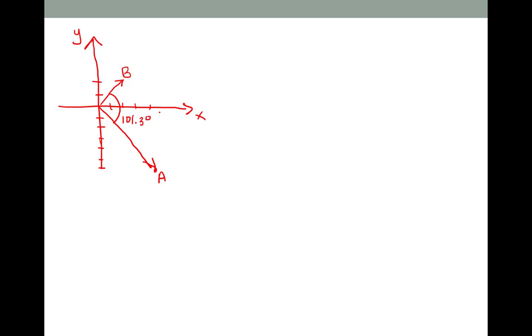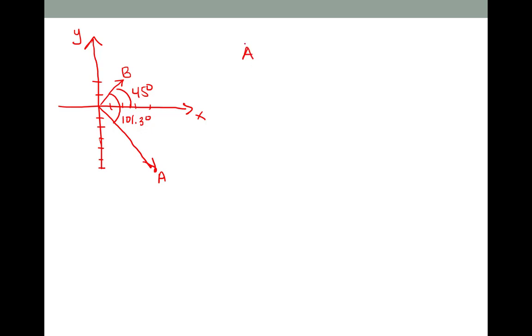And that question was, what angle does A make with respect to the x-axis? We know B as a vector 2, 2 makes an angle of 45 degrees. So we know that this part has to be 45 degrees because B has components 2 and 2, which makes it a 45-degree triangle. So what angle does A make with respect to the x-axis?